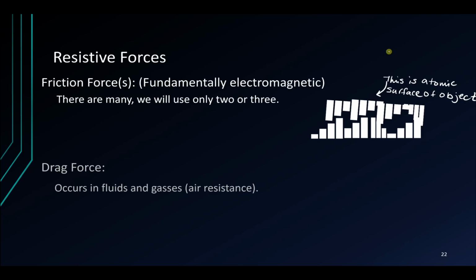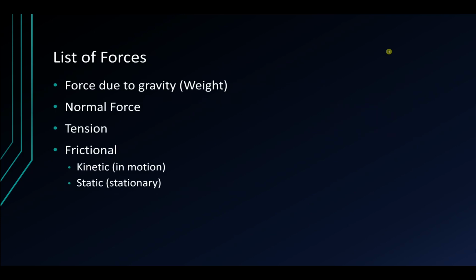There are also other resistive forces like drag forces due to air resistance, but we're not going to cover that. So the list of forces that we need to think about whenever we start solving problems is the force due to gravity, or the weight of the object, the normal force, the tension force, and these static and kinetic friction forces.